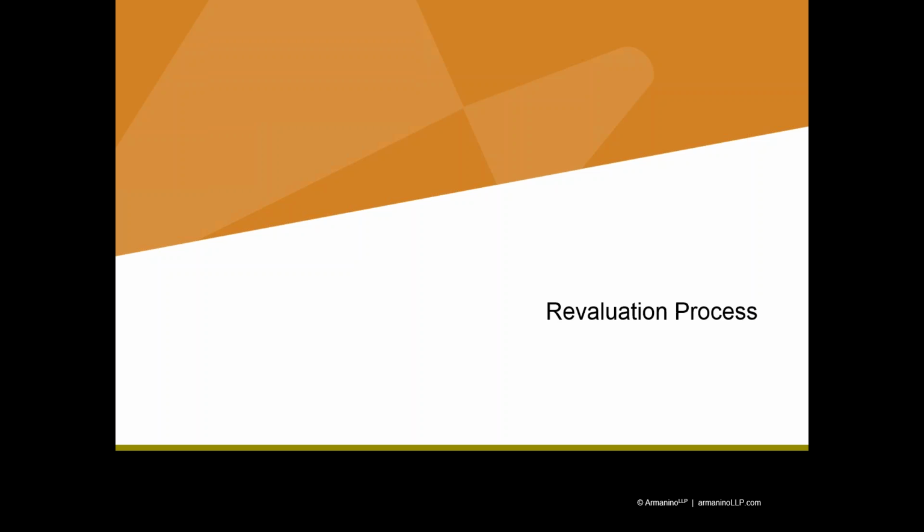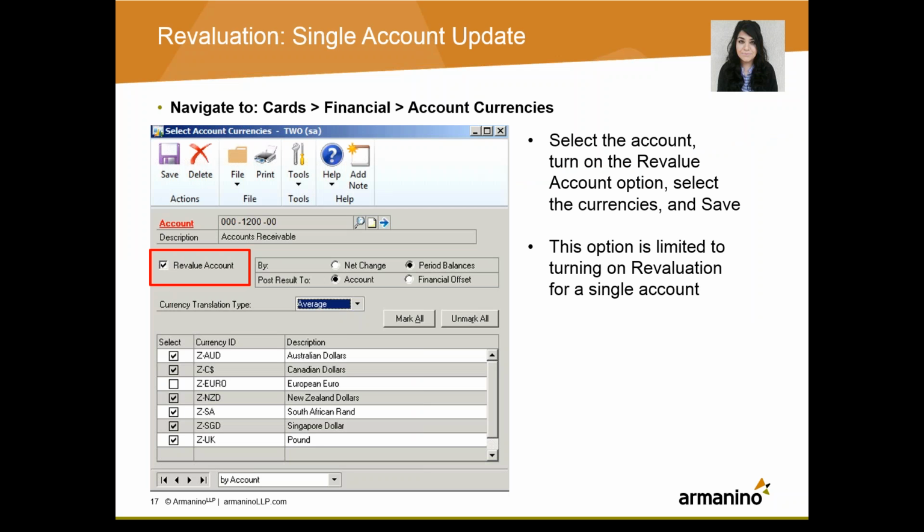To make sure that you are correctly set up, we're going back to that same window for the single account update, and I'll show you the mass account update. You'll navigate to Cards, Financial, Account Currencies. Here you're going to select the account, and then select to revalue the account. Turning on that option enables the whole process to work.